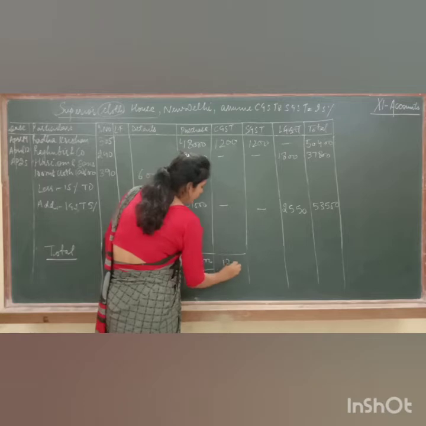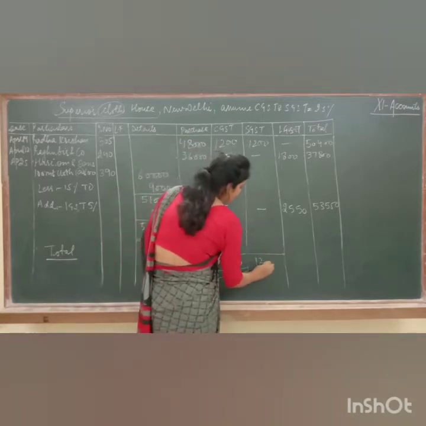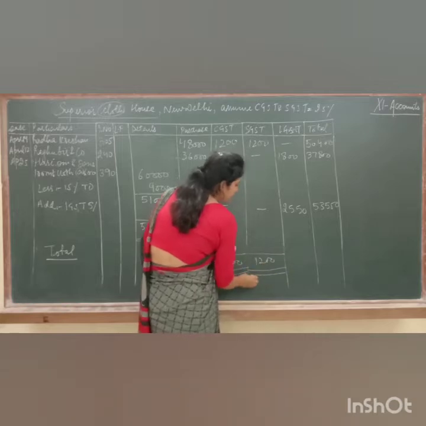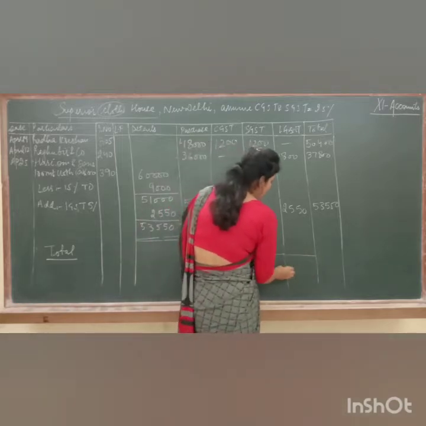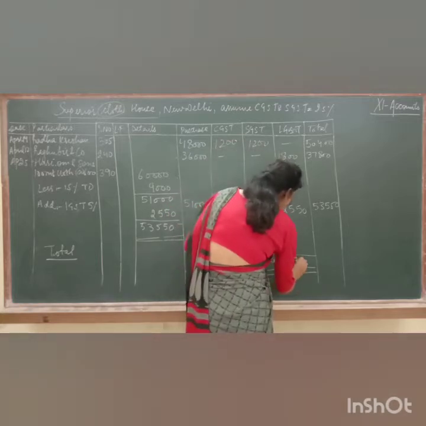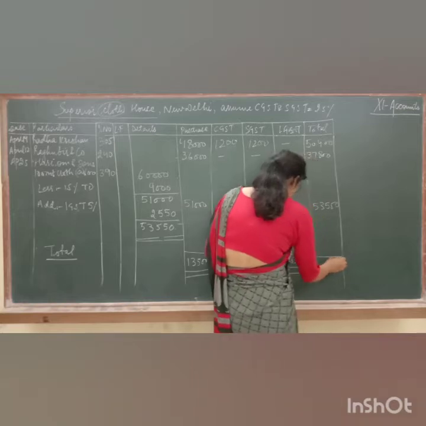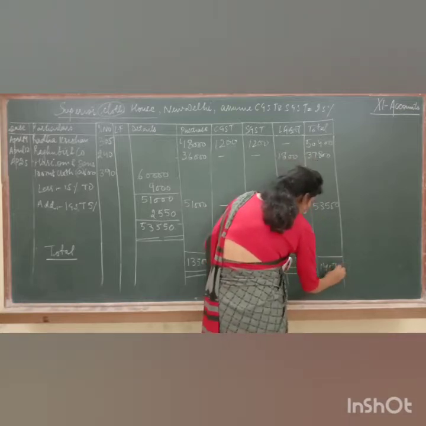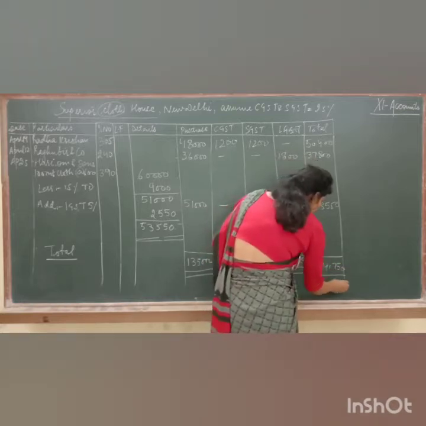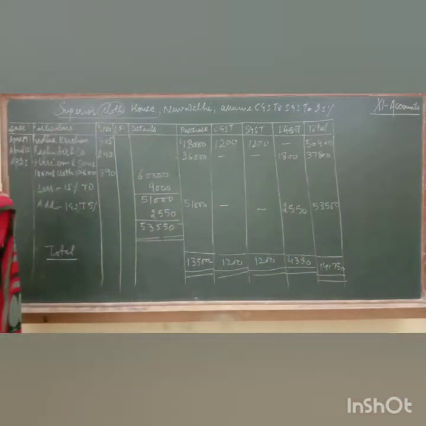CGST is 1,200. Then SGST is 1,200. IGST is 4,350. And this side the total is 141,750.